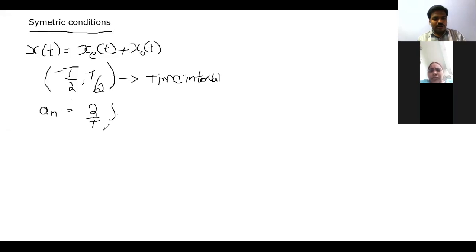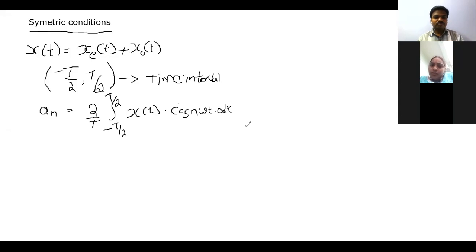So 2 by T integral from minus T by 2 to plus T by 2 of x of t into cos n omega naught t, or n omega t. Sometimes I use n omega naught, sometimes n omega t. Don't get confused; whatever it may be, that is the fundamental frequency.